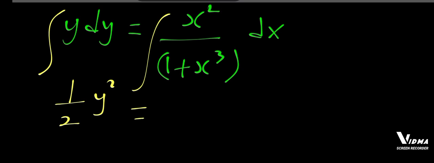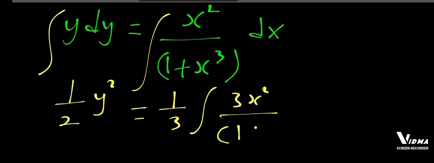So we are going to do what we call a create and destroy strategy here. So I'm going to create 1 over 3 here and create 3x squared on my numerator, so that I'll be able to evaluate this integral as a ln of 1 plus x cubed.